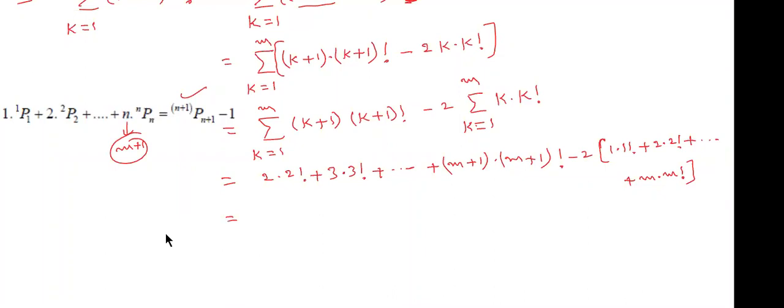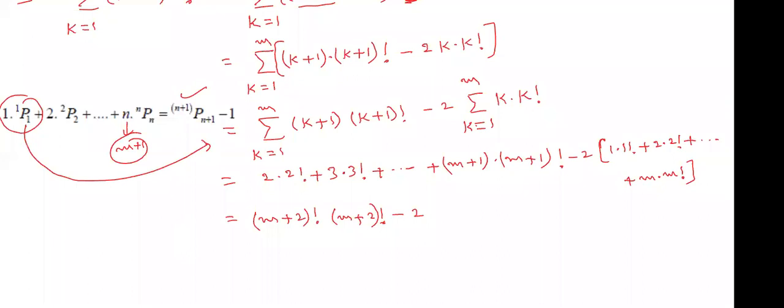So this is (m plus 2) factorial, minus 2. Why have I written minus 2? Here this value will come again. Already minus 1 is there, minus into minus, so one more term, minus 1 into minus 1, minus 2, comes now.